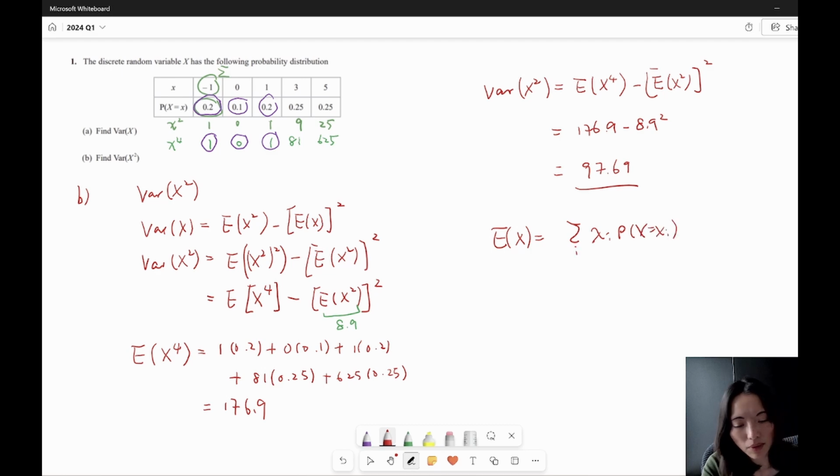And all of these are actually given in the question. So the good thing is, even if you didn't know, or if you've forgotten the definition of E of x or the variance of x, you can still work out the answer to this question.